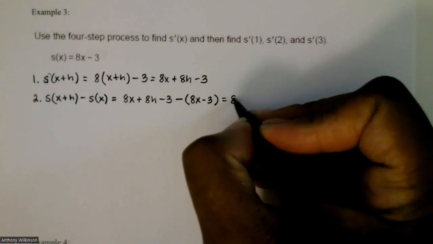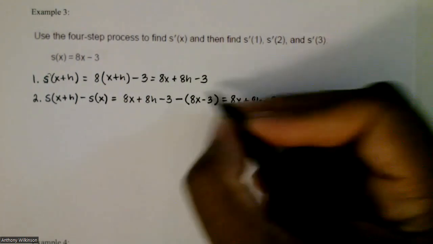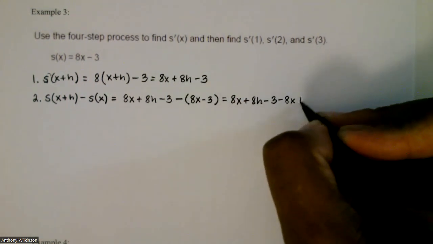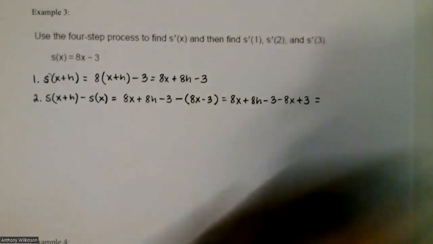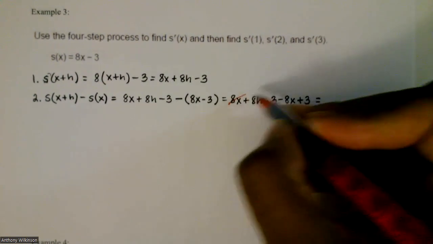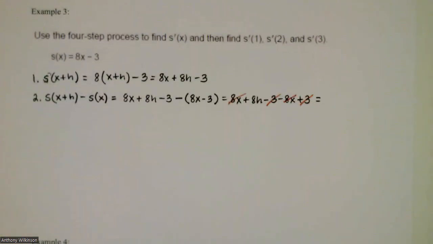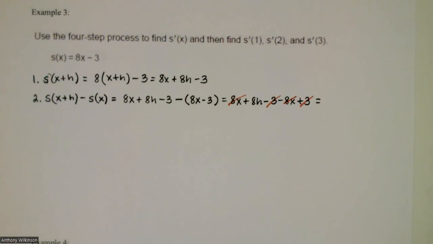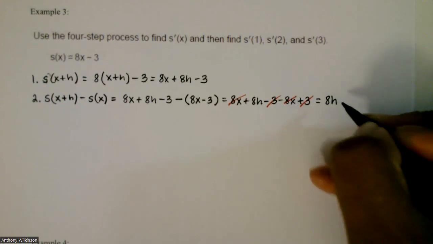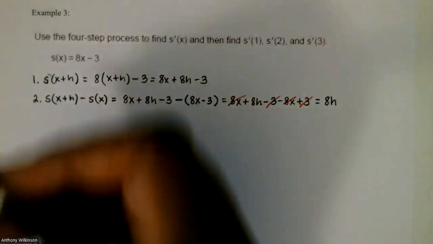Now, if I simplify this, 8x plus 8h minus 3, the minus sign makes the 8x a minus 8x, the minus sign makes the minus 3 a plus 3. And then when I simplify this, notice that the 8x are gone. 8x and minus 8x, that's 0. Minus 3 and plus 3, that's gone. I'm just left with 8h. Okay. So that's step number 2.